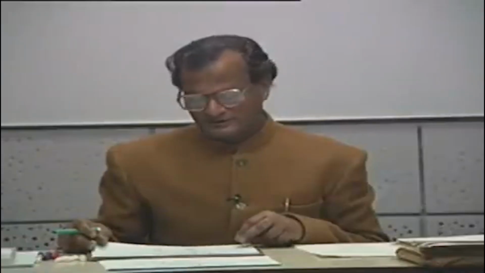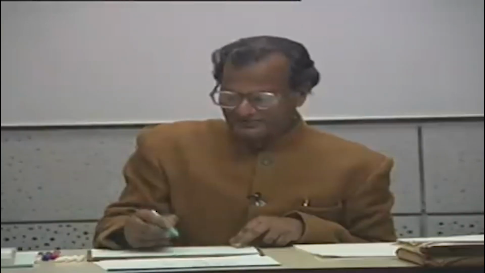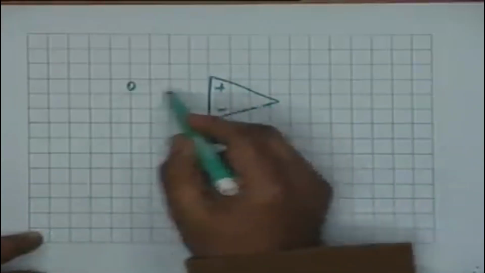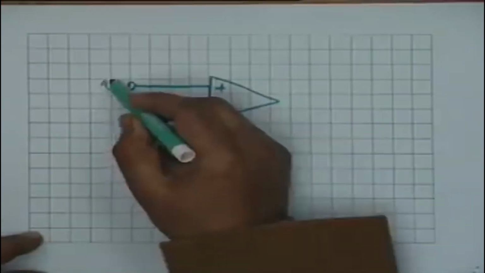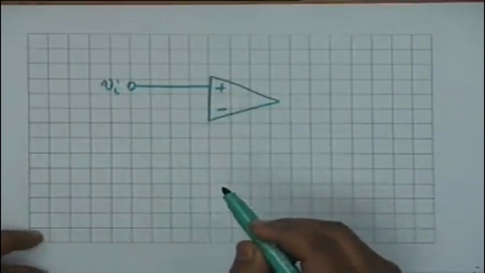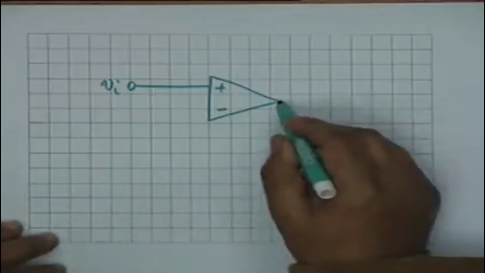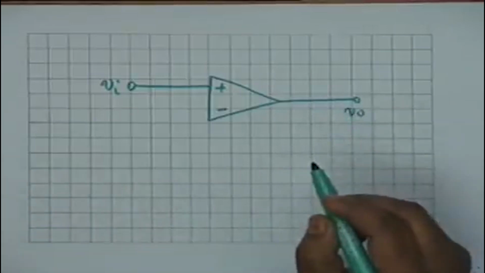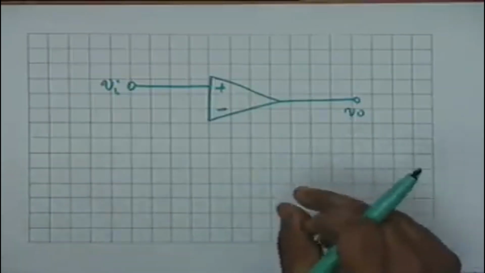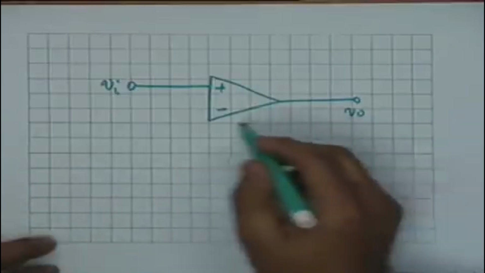If you want a non-inverting gain, then as you can guess, our input shall be applied to the non-inverting terminal. Let us draw it to show this clearly. Suppose there is a voltage Vi here. What we want is a non-inverting gain. In other words, we want a V0 which is equal to a positive quantity multiplied by Vi.